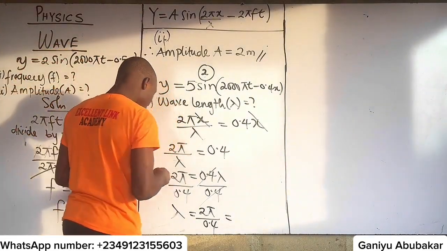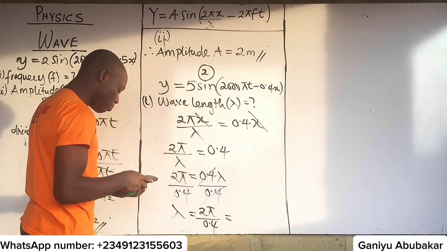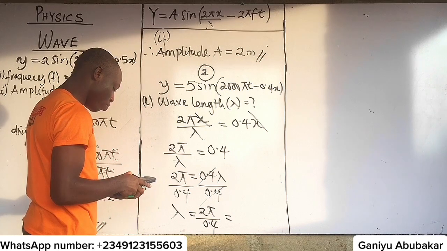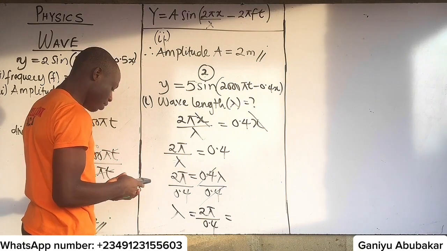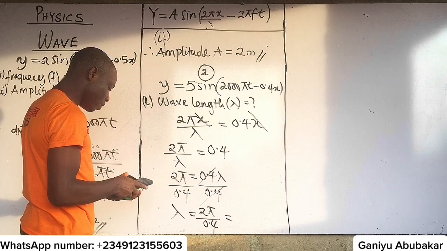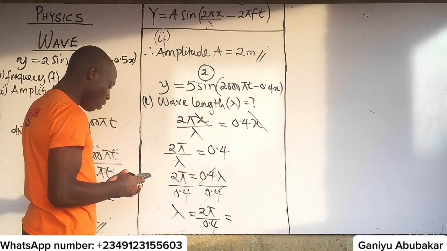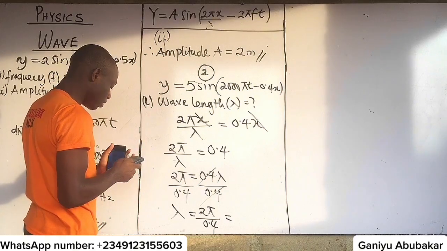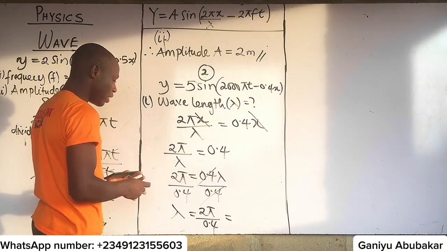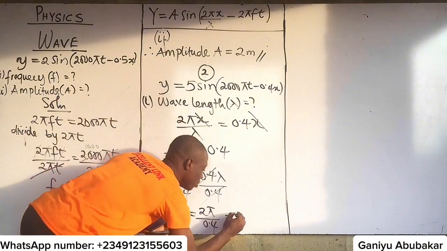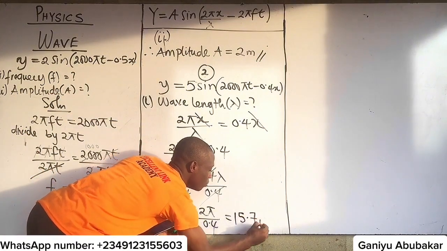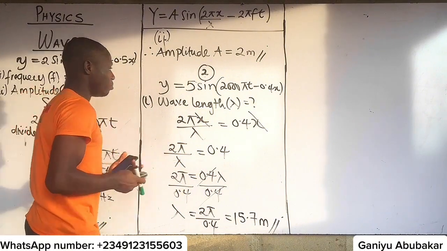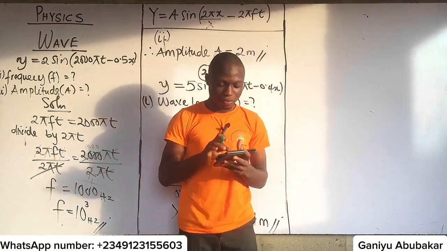If I take 2 times 3.142 as pi, divided by 0.4, I'll have 15.7. So my answer there becomes 15.7 meters. All right, so this is how to solve this JAMB question.